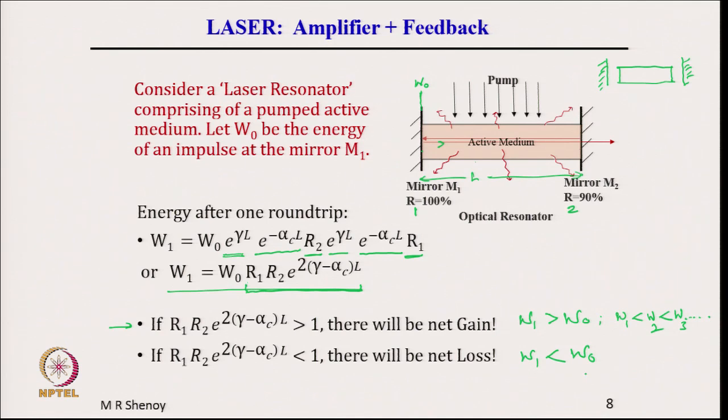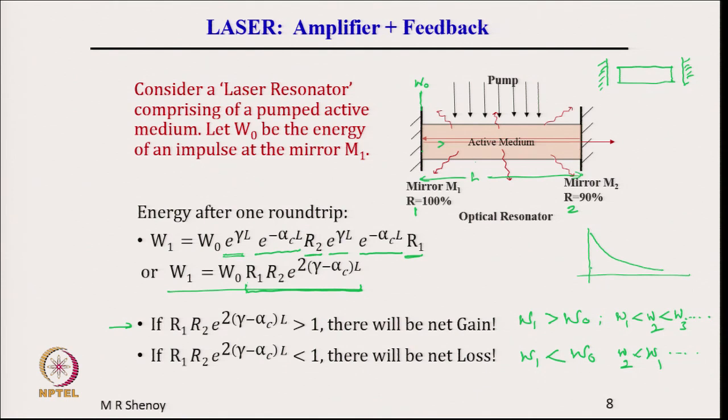If we look at this situation, then W1 will be less than W0, W2 will be less than W1, W3 will be less than W2, and so on. And in this case, if I were to plot the corresponding energy or intensity, then intensity will drop down continuously like this.